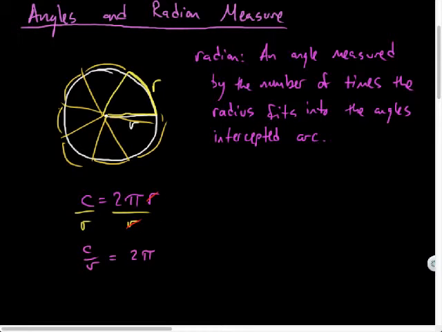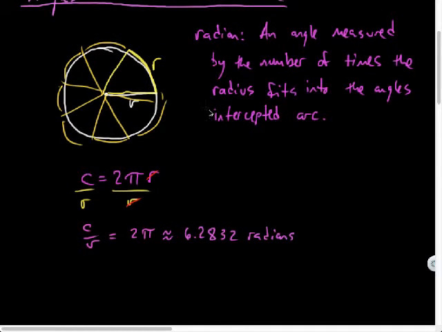And 2 pi, decimally speaking, is approximately 6.28. Actually, let's go a little further than that. 2 pi is roughly 6.2832. So 6.2832 radians is the same as one full circle, the same as one revolution around a circle.